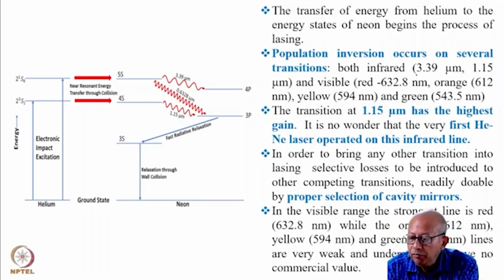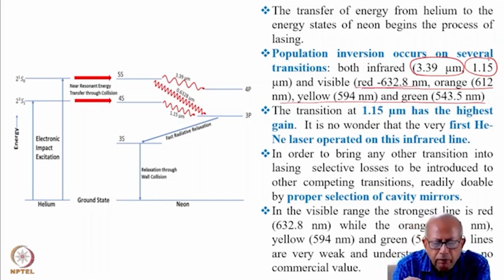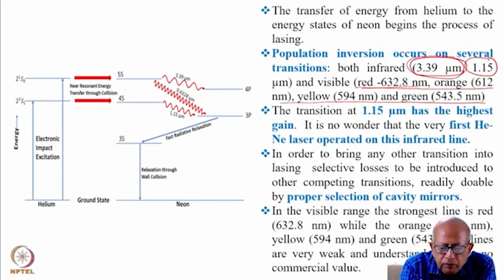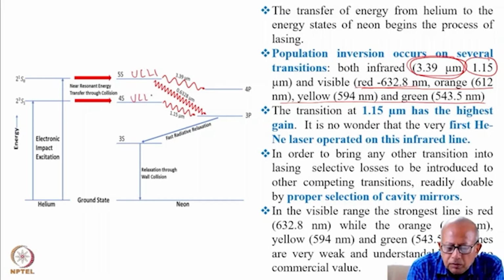There are two infrared transitions at two infrared wavelengths and a number of visible transitions at visible wavelengths. 3.39 micron is obtained from transition between this, which we call upper laser level 1, this is upper laser level 2, this is lower laser level 1, this is lower laser level 2.